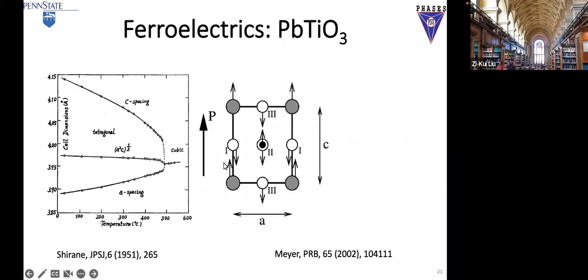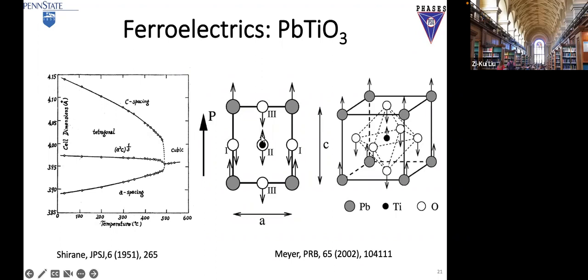But anyway, what happens is that at low temperature you have the tetragonal, and not only tetragonal, the central atom, which is titanium, also shifts position. So you get a polarization. If you go to a high temperature and do the measurements, you find a cubic structure. You find that the titanium atom is always in the center, so it has no macroscopic polarization.